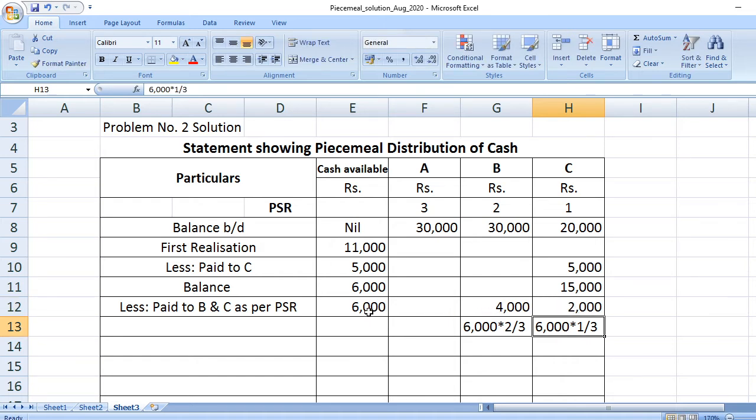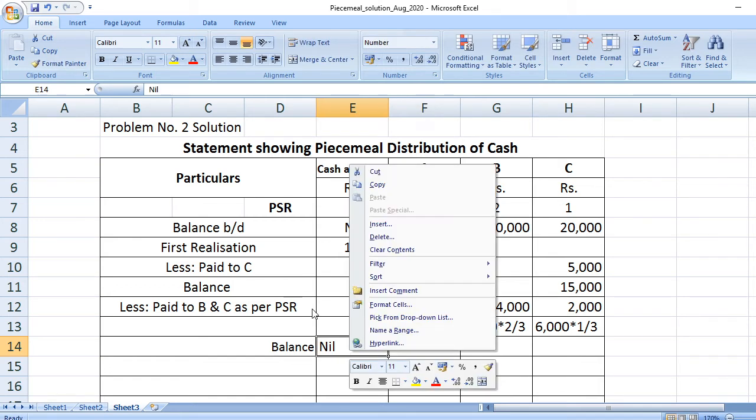See that 6,000 amount we distributed among these two partners B and C, 4,000 and 2,000 as per their profit sharing ratio. Now we will write here balance. Now how much balance is available? 6,000 minus 6,000, nil. There is no balance remaining.